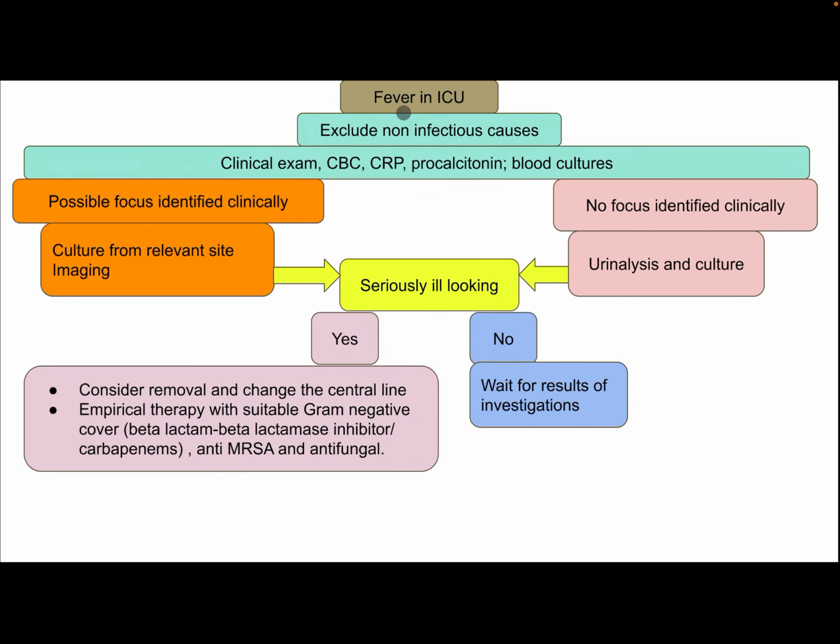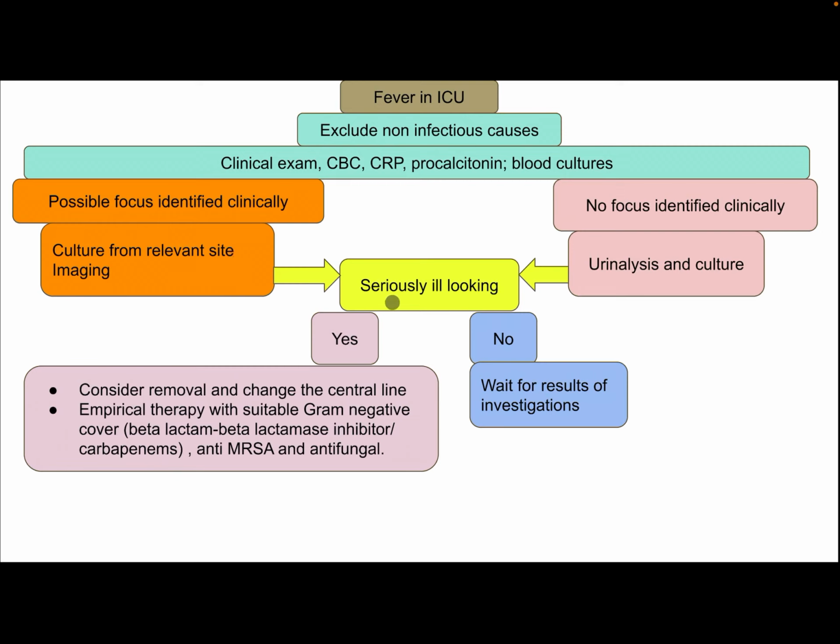How to approach fever in the ICU. Exclude non-infectious causes. Do clinical examination, complete blood count, C-reactive protein, procalcitonin, and blood cultures. If there is no focus identified clinically, send urine analysis and culture. If there is a possible focus identified clinically, send culture from the relevant site and do an imaging study.